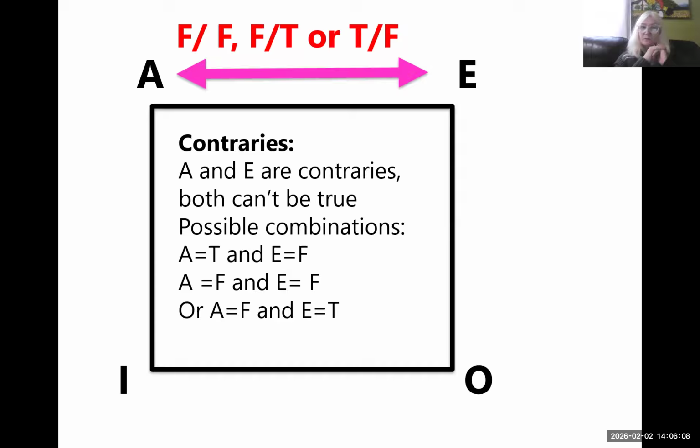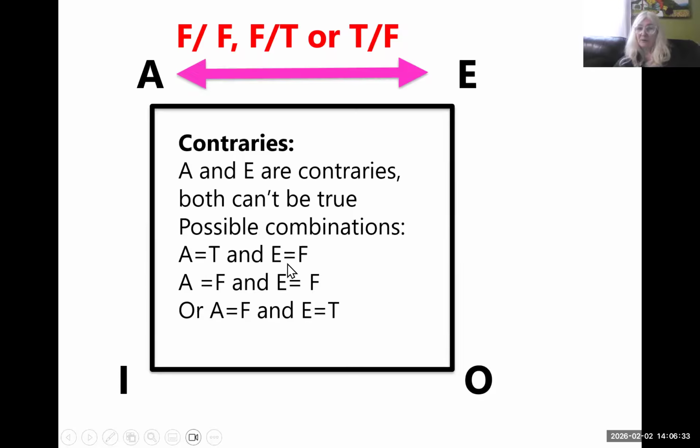No mammals are vertebrates would have to be false then. They both can't be true at the same time, or as I say, false floats. They can both be false at the same time. I could say all mammals are dogs, and no mammals are dogs. Both of those are false. So that's contrariness.